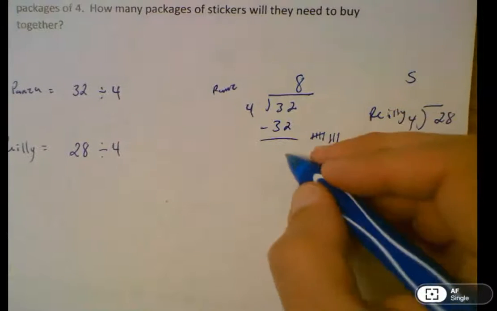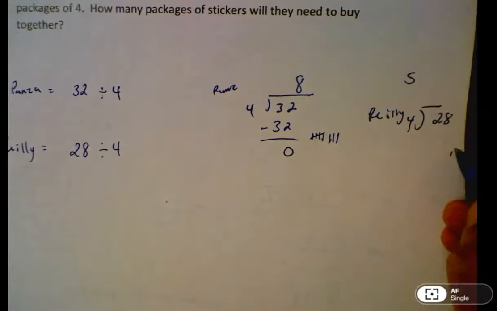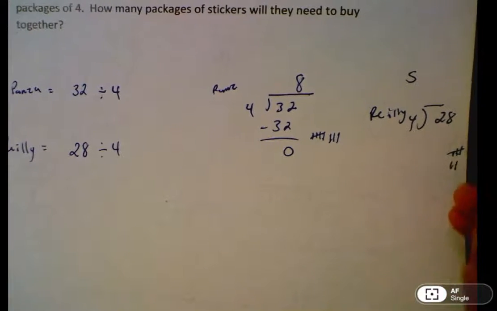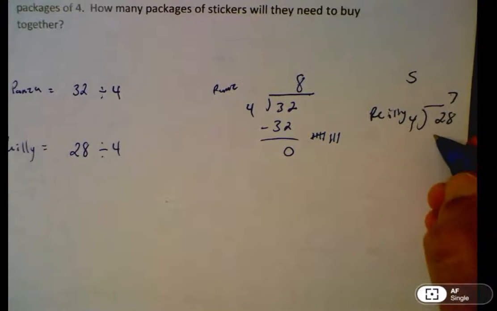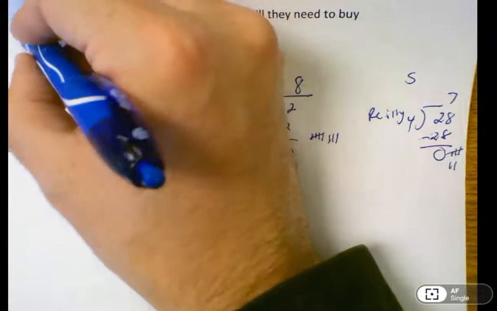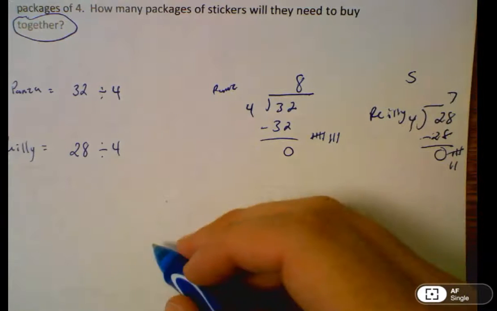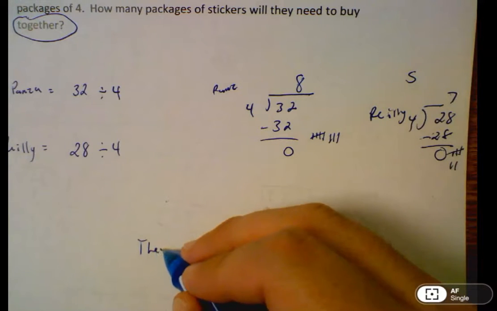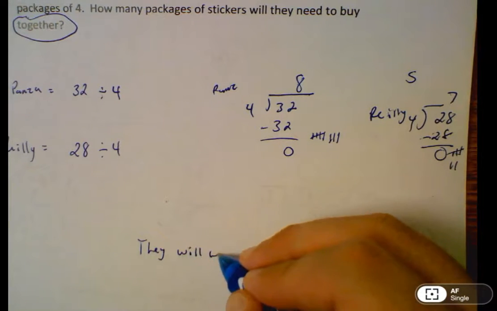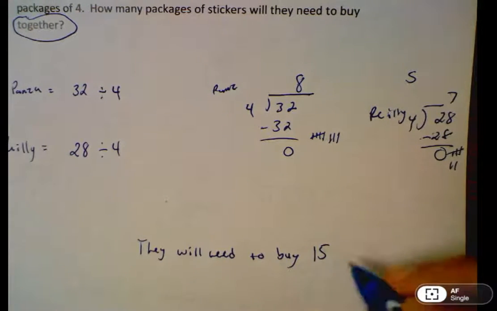Four goes into 32 8 times. So Mr. Panza is going to need to buy 8. Mrs. Riley will need to buy 7. But it asks, how many altogether? They would need 15. 15 altogether.